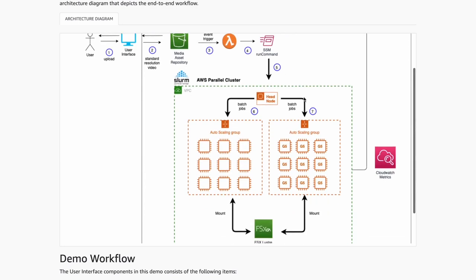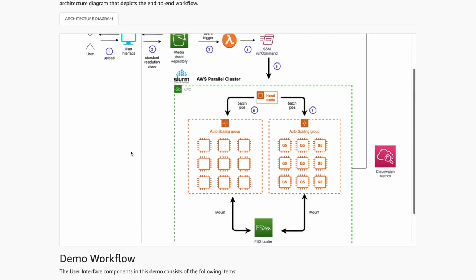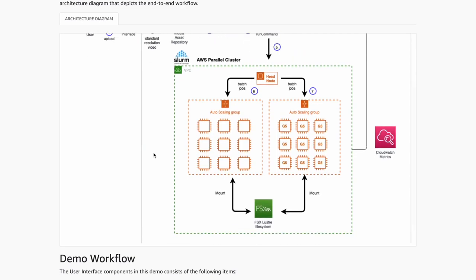This command would invoke the video upscaling process that is hosted in an AWS ParallelCluster. ParallelCluster will manage the auto scaling aspect to scale up the compute instances required to perform extraction of the video frames, encoding, and so on, as well as the GPU instances required to host the AI model to perform the upscaling process.